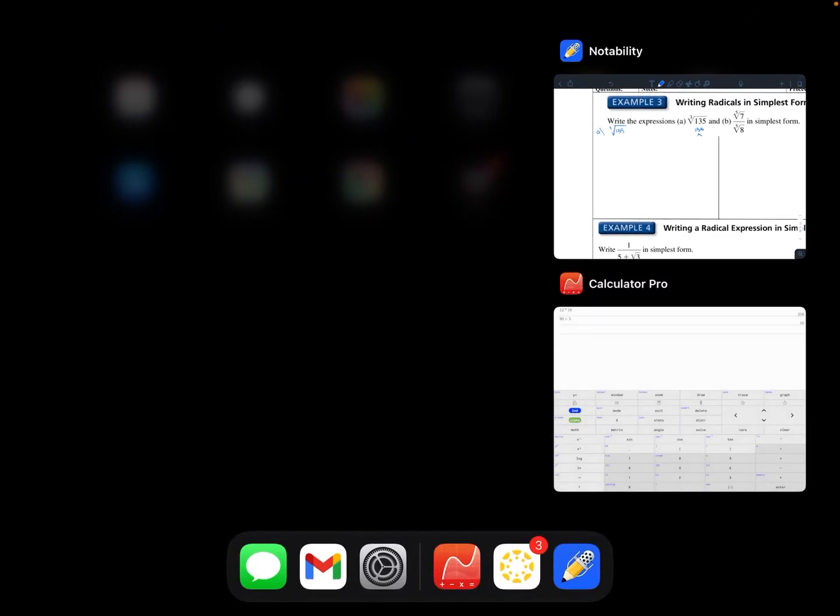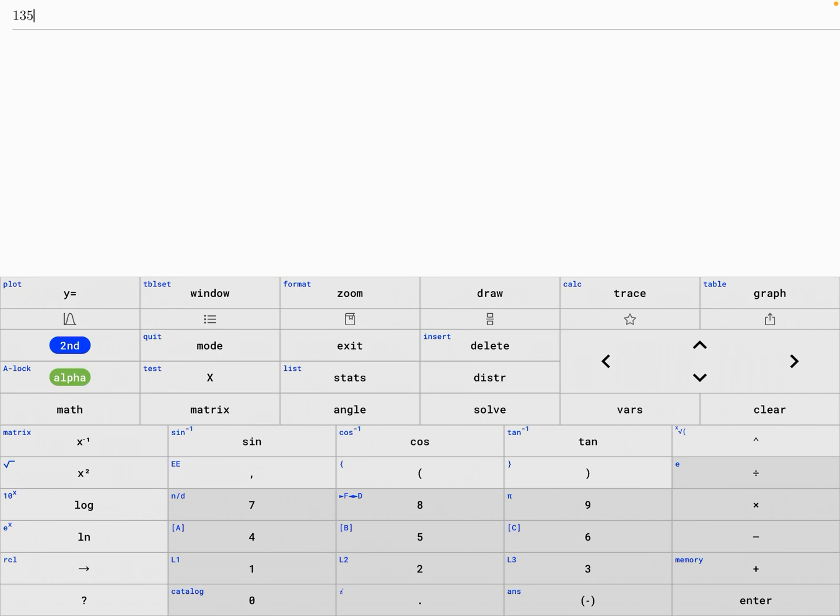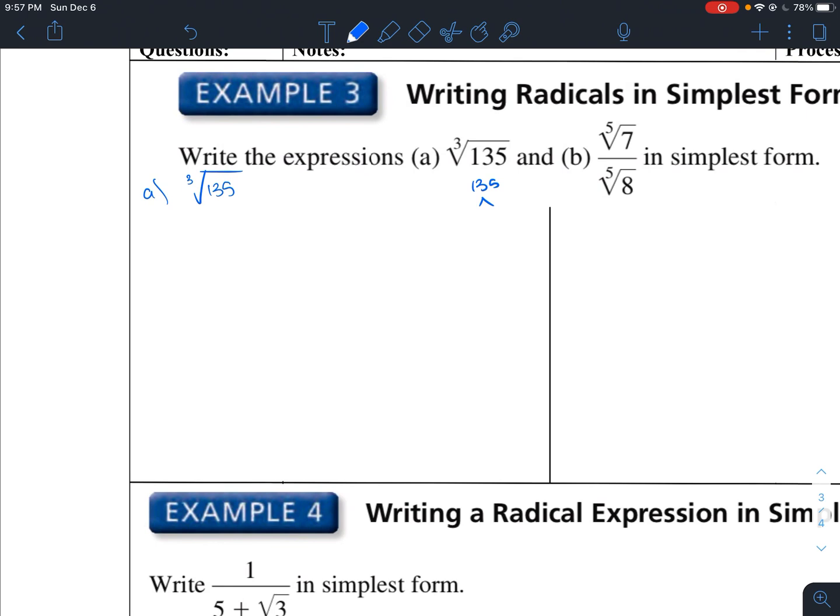Okay? So let's think of 135. Let's try and divide this. So I know that that's divisible by 5. So 5 and 27. So that's actually really helpful. So I know that this is the same thing as 5 times 27. So this is equivalent to the 3rd root of 5 times 27.